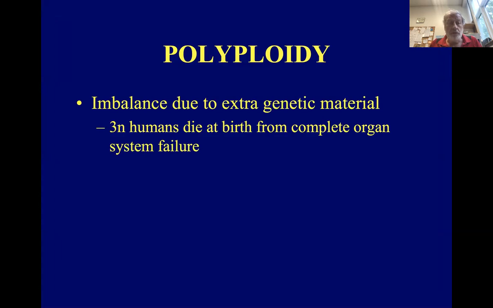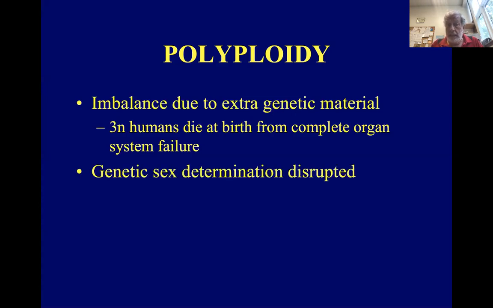Having 3 sets of chromosomes is called triploid, and triploid humans die at birth from complete organ system failure. Our systems just can't handle having an extra set of chromosomes. Most times, though, those babies or those fetuses are aborted because they're just too abnormal to develop all the way to birth. So it's rare that a triploid baby is even born. And of course, genetic sex determination can be messed up with extra sets of chromosomes.